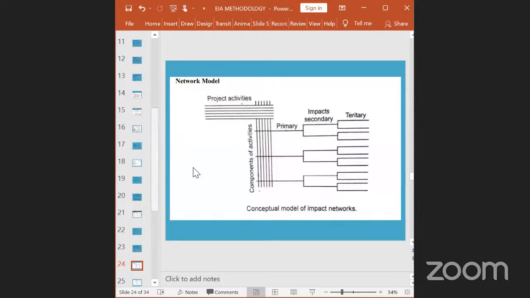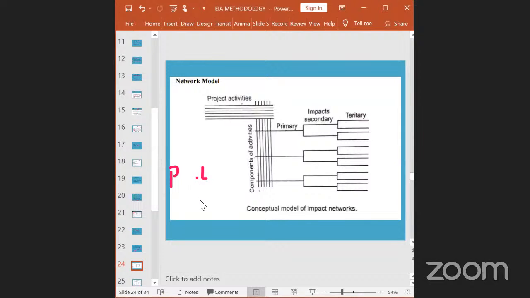So this type of method is basically an attempt to recognize that a series of impacts may be triggered by a project action, right? And this method provides a roadmap type of approach to the identification of different order effects.